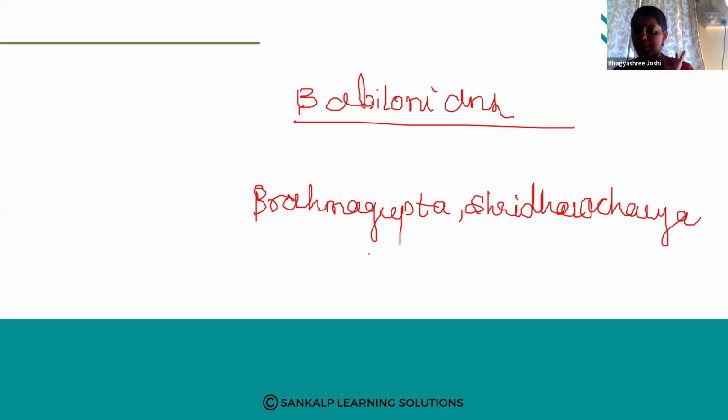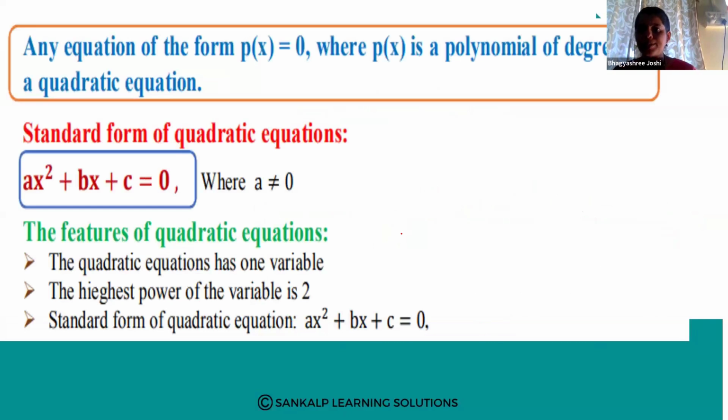Similarly, many mathematicians have given methods to solve quadratic equations, right? So in day to day life, in so many situations we are using quadratic equations, right? So that we will see in the examples.